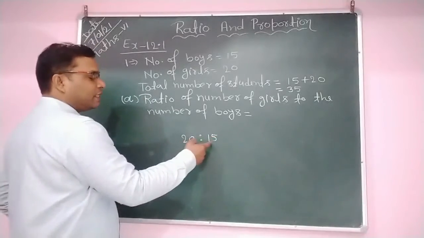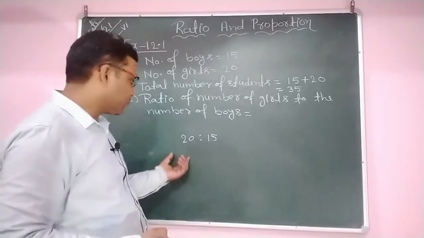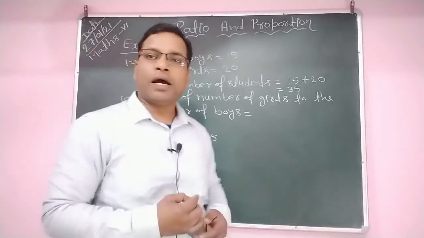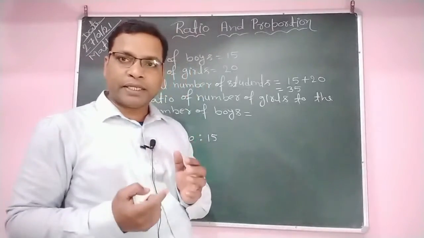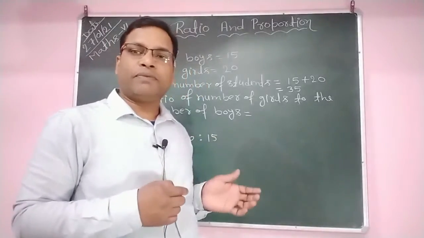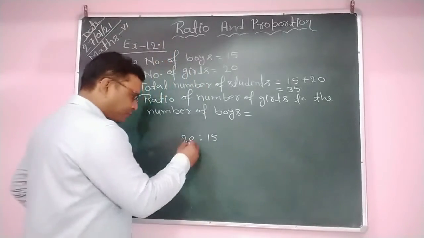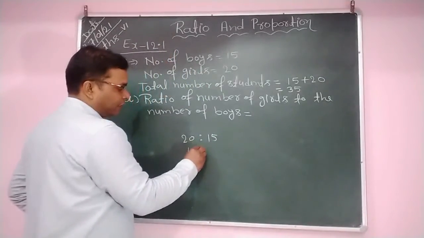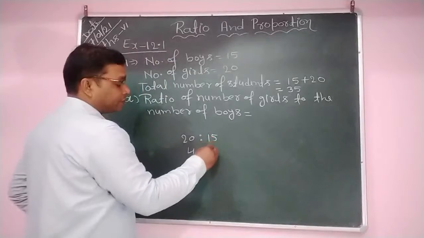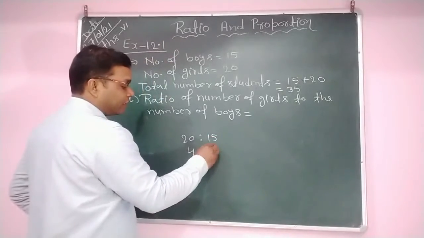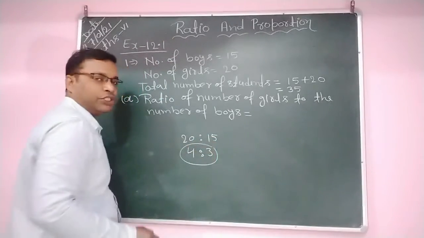If you simplify this, you know very well, 20 and 15 are multiples of 5. If you divide both by 5, you get 5 fours are 20, 5 threes are 15. This is our required ratio, 4 ratio 3.